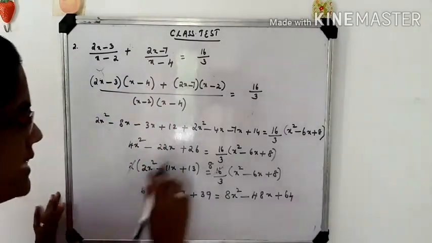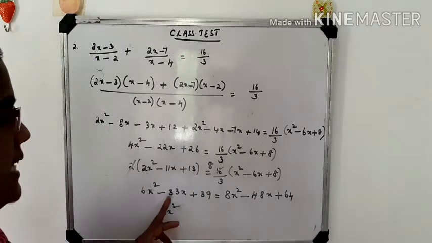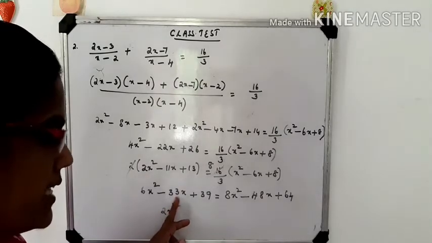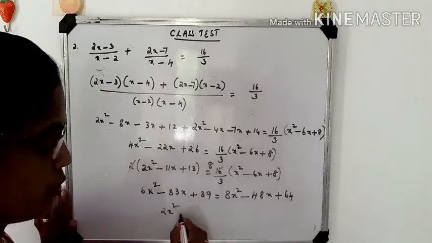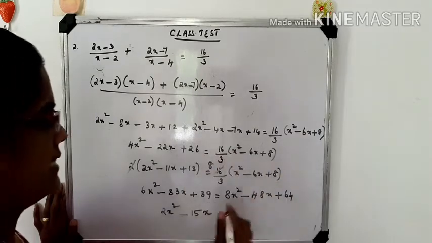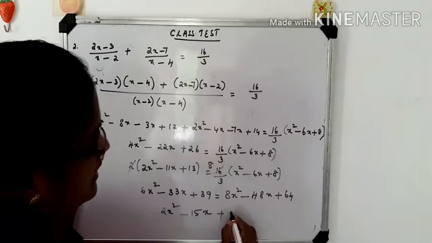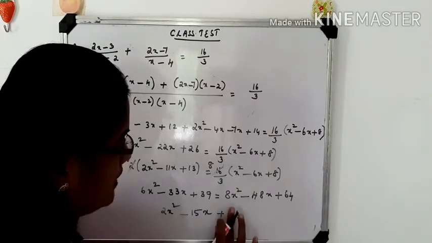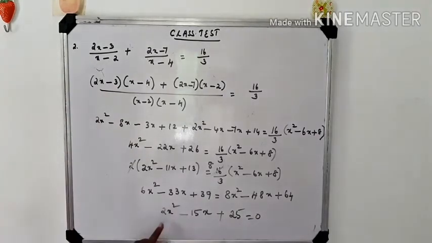Now combining 8x² − 6x², 2x², then −33x − (−48x) while going to the right side will be −15x, and 64 − 39, it is 25, equal to 0. So the equation is 2x² − 15x + 25 = 0.